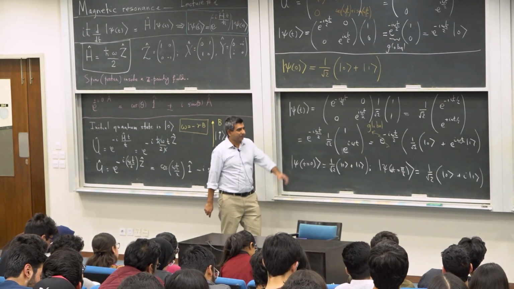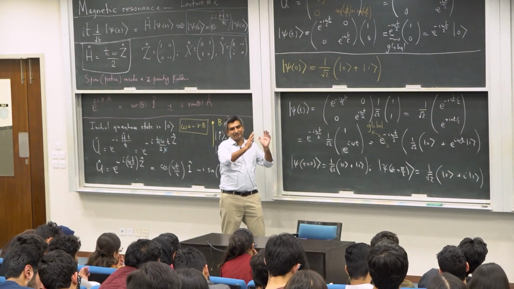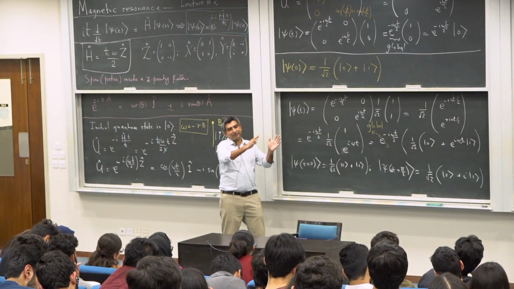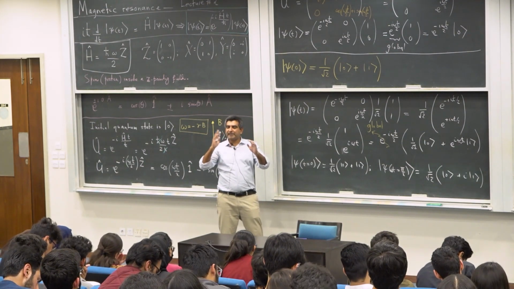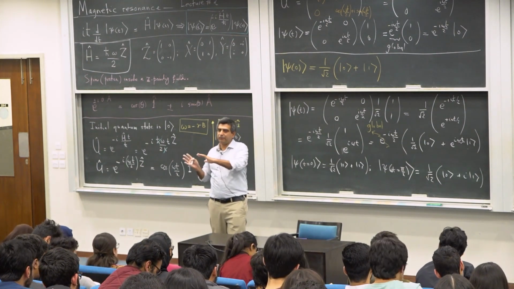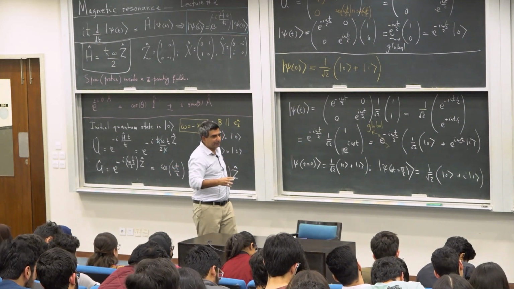Got it? If my omega t were pi, this would be ket 0 minus ket 1. If it were 3 pi by 2, this would be ket 0 minus i ket 1. So this is a constant evolution of the quantum state between a variety of quantum states.